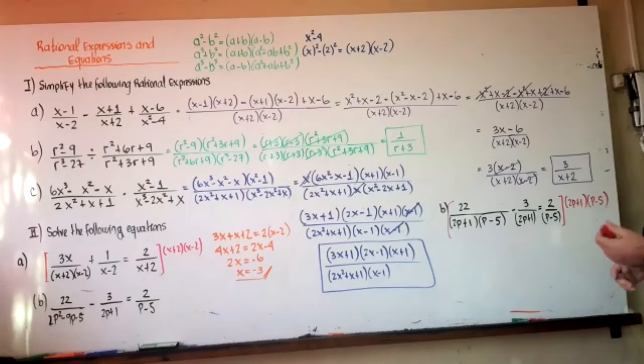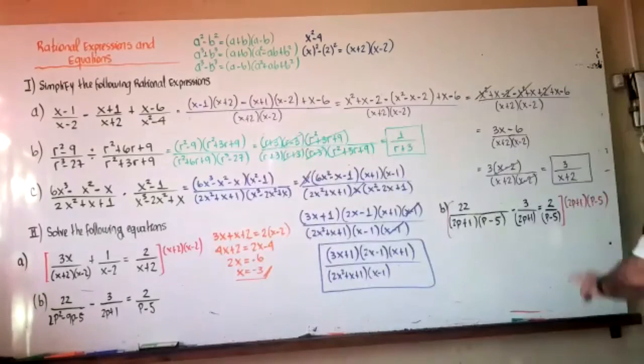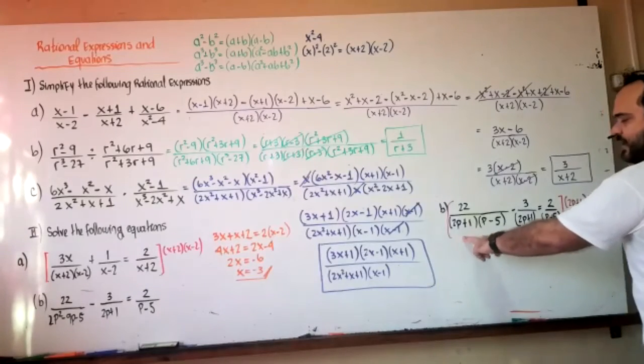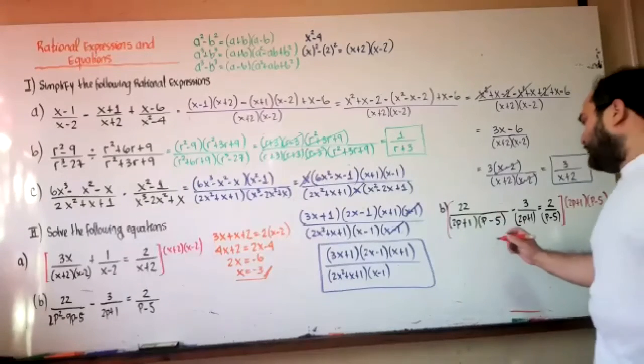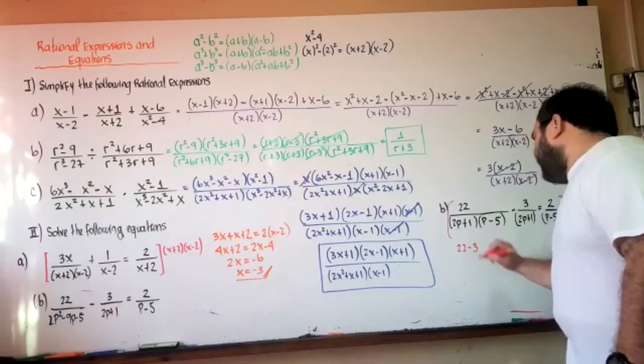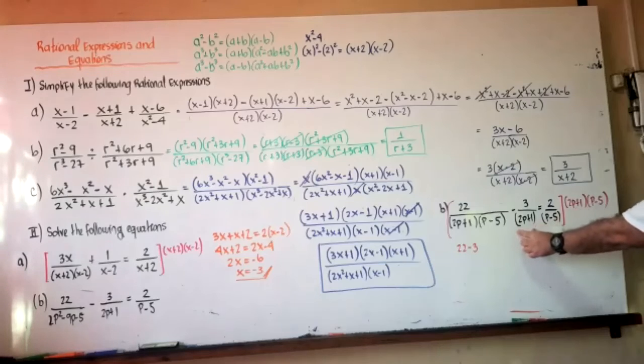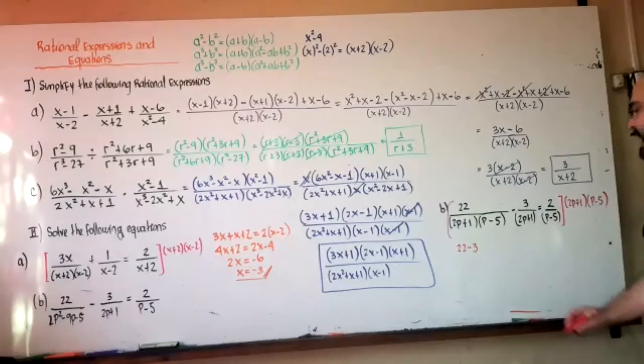So what is going to happen? Simple. These two terms with these two cancel, the only survivor will be 2 times negative 3, and the same happens over here. These two terms with this one, the survivor will be p minus 5.